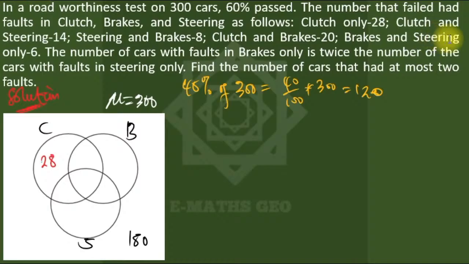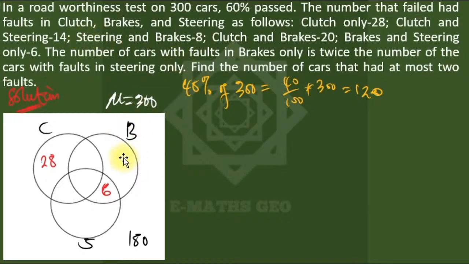So is there any other ones? Only. Brakes and steering only. Brake and steering only without clutch. So here should be 6. Okay. So is there any other steering and brake? Okay, they have steering and brake 8.